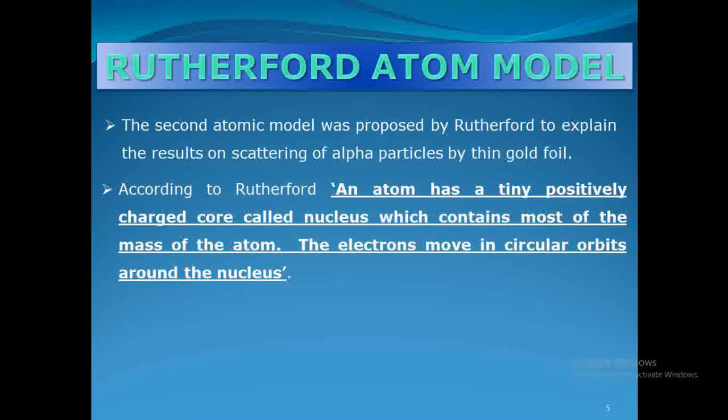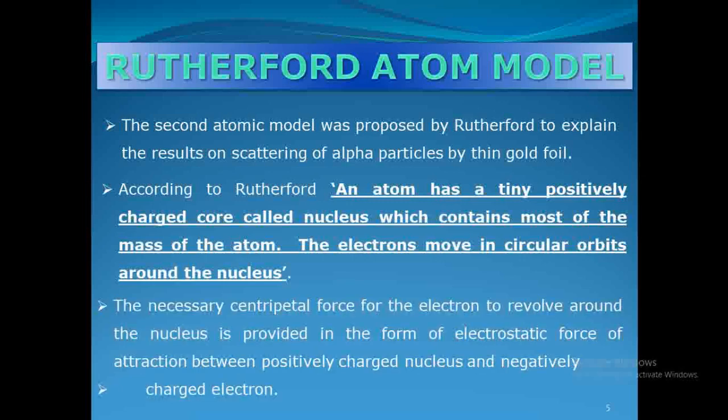But there are some limitations for this Rutherford atomic model. Let us see them one by one. One more thing to remember is where the centripetal force for the electron to revolve around the nucleus comes from.